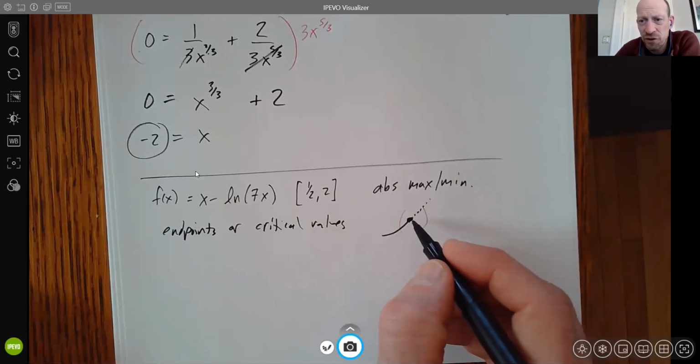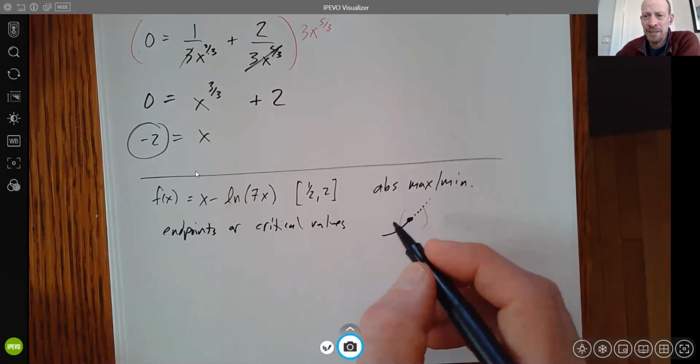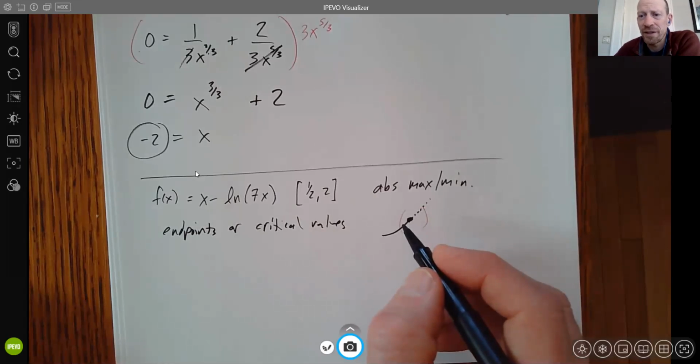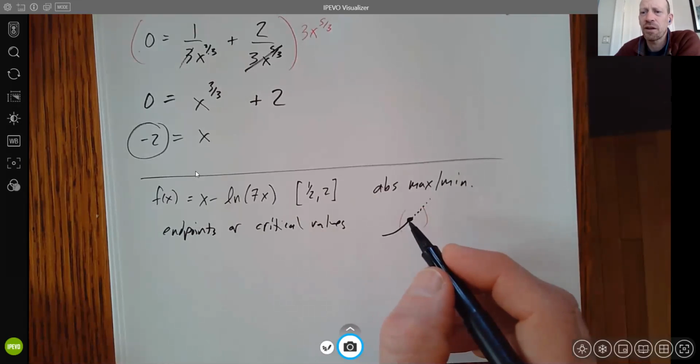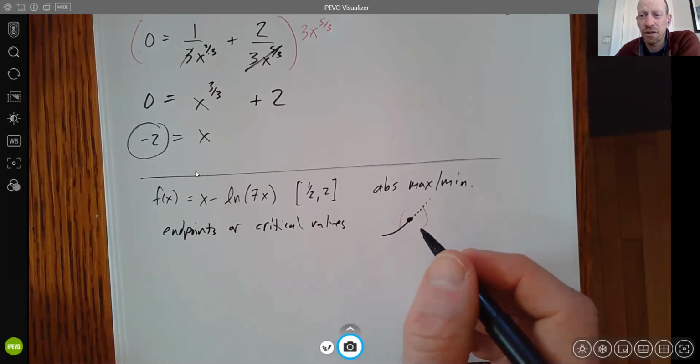The derivative is not 0 or undefined here, in which case this would sort of fail our definition or our theorem that says local mins and maxes have to be at critical values. It's set up that way a little bit because we've defined it that way so that it fits with our theory, I guess.